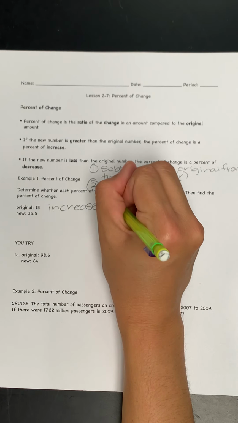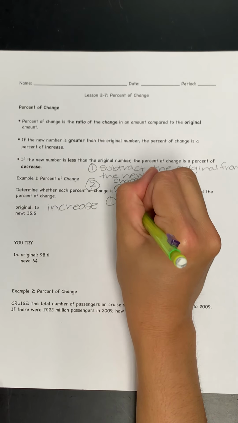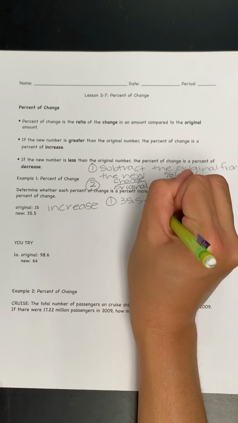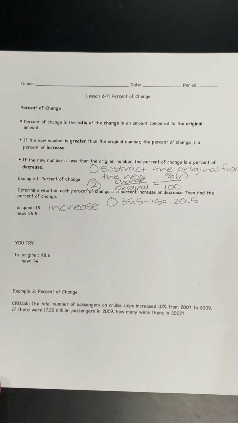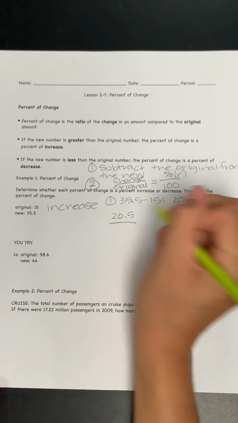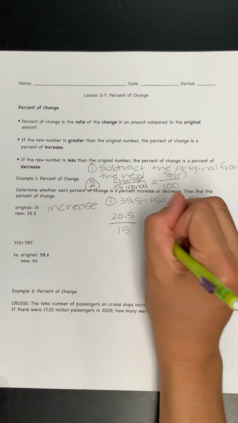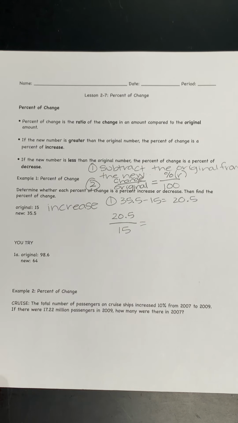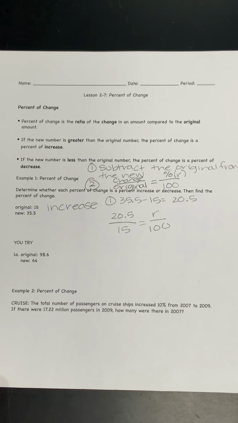So our first step, we're going to find the difference between these 2 numbers. So 35.5 minus 15 equals 20.5. So now that I know the change, I'm going to put that over the original. And then I'm going to set it equal to R because that is what we're solving for, and it's always over 100.